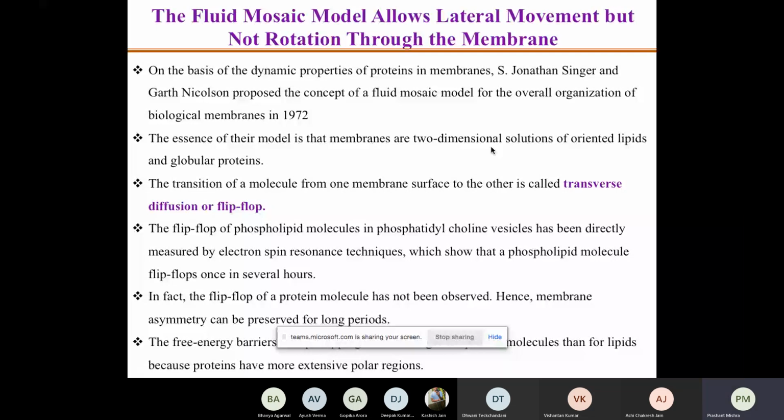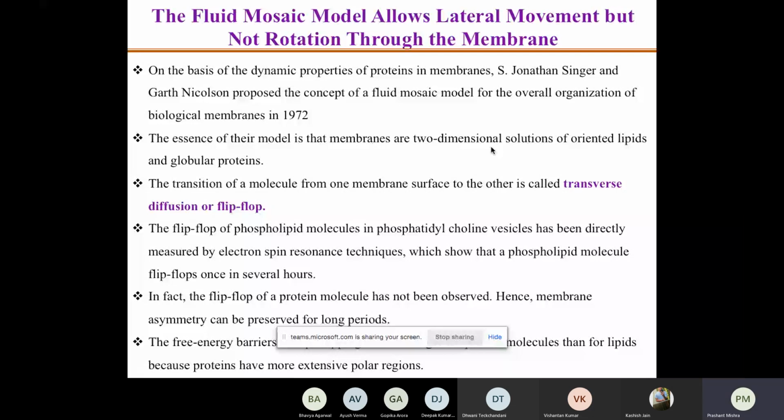Here, the transition of a molecule from one surface of the membrane to another is called transverse diffusion, or flip-flop. The flip-flop of phospholipid molecules in a phosphatidylcholine vesicle was demonstrated by experiment: it occurs very rarely, with one molecule transferring from one layer to another over several hours.